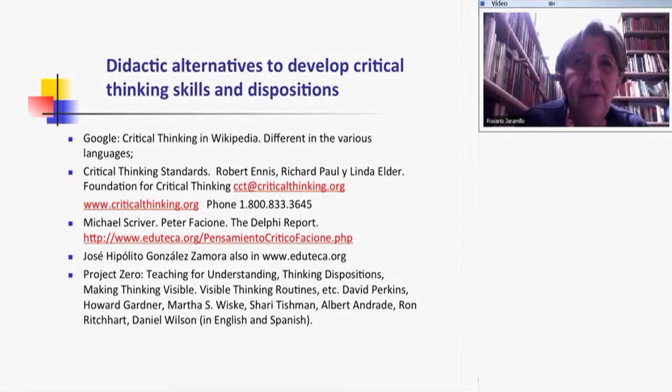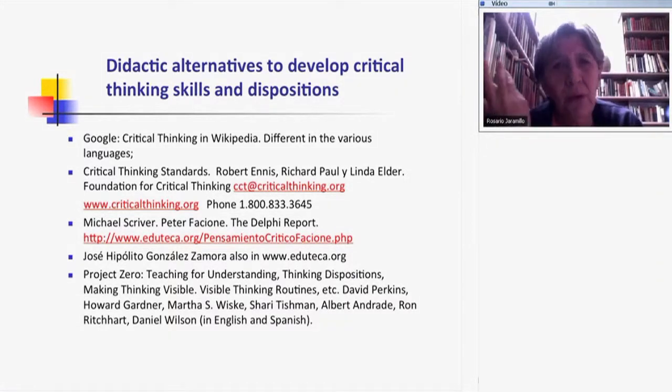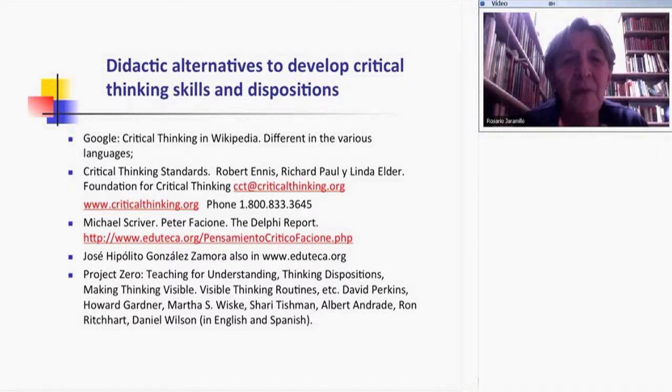It's fantastic, and I think he has been very generous in offering these tools to everyone who wants to download them, as long as they say that they belong to him and they don't use them for economic purposes to sell them or whatever. But so there I put all the names of different people that you can look for.